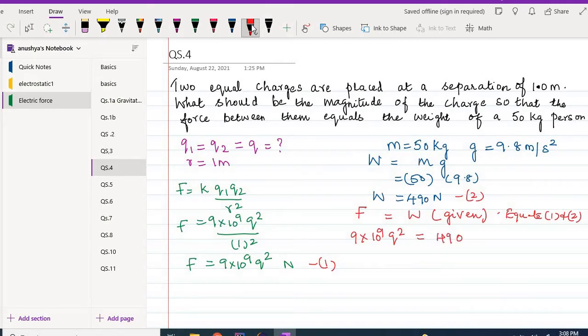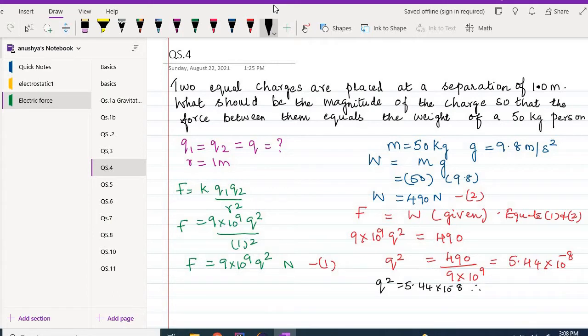Therefore Q square is equal to 490 divided by 9 into 10 to the power of 9, which is equal to 5.44 into 10 to the power of minus 8.